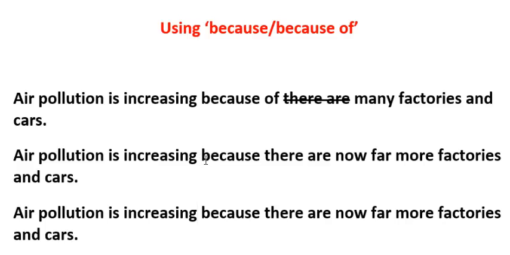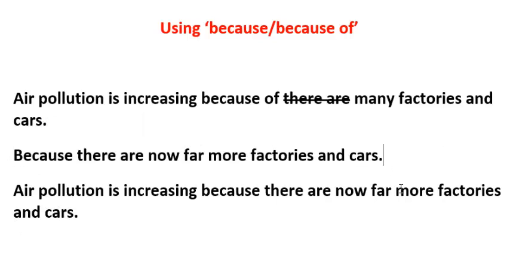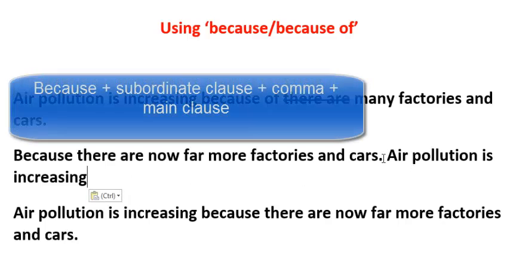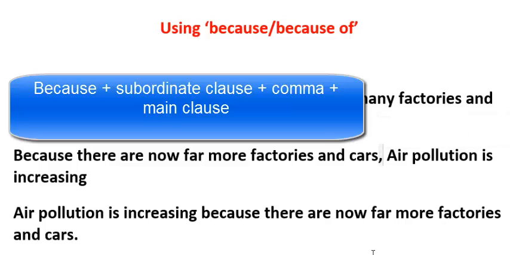Now you may have seen sometimes, if we look into the middle sentence, that we want to sometimes emphasize the subordinate clause first. In this case, we need to change the order: because there are now far more factories and cars, but because we've started with a subordinate clause, now we must use a comma and of course make the a lowercase a.